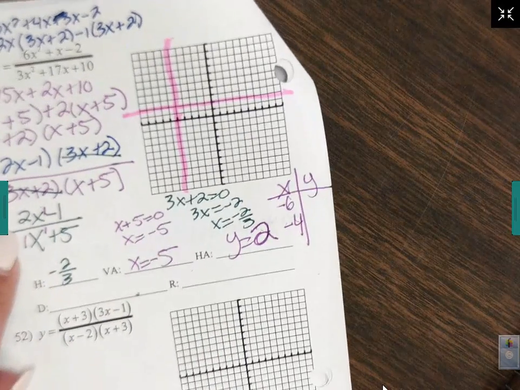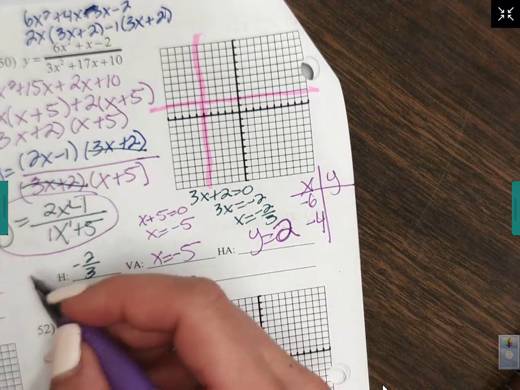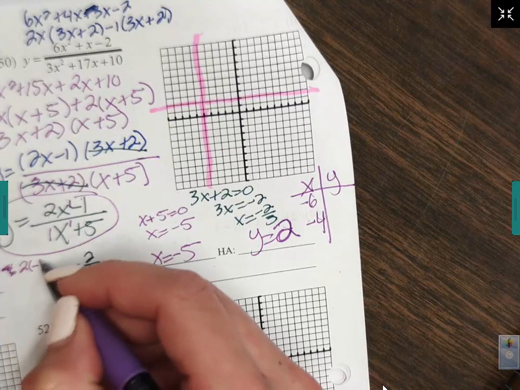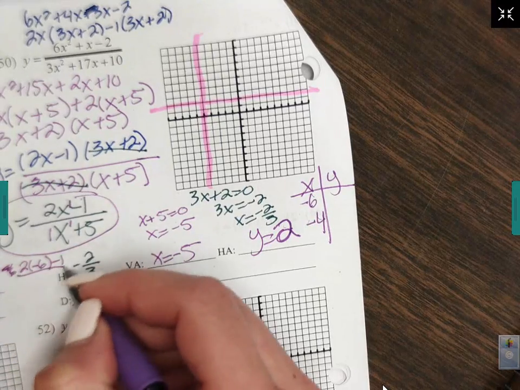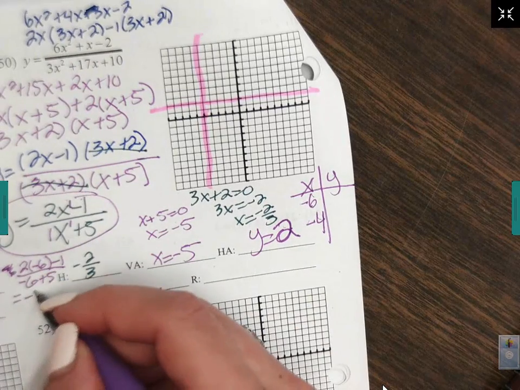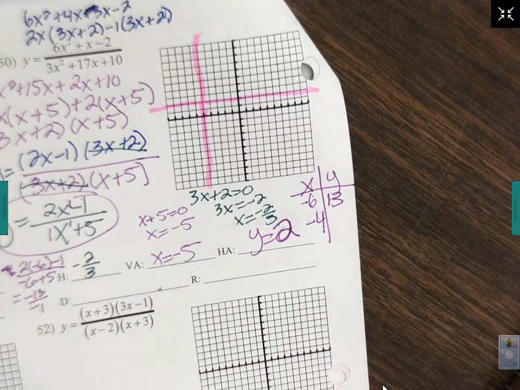When you plug in negative 6 into our final equation, I'm kind of running out of room, but that would be 2 times negative 6 minus 1 divided by negative 6 plus 5, which is negative 13 divided by negative 1, and that would give us positive 13. Correct?